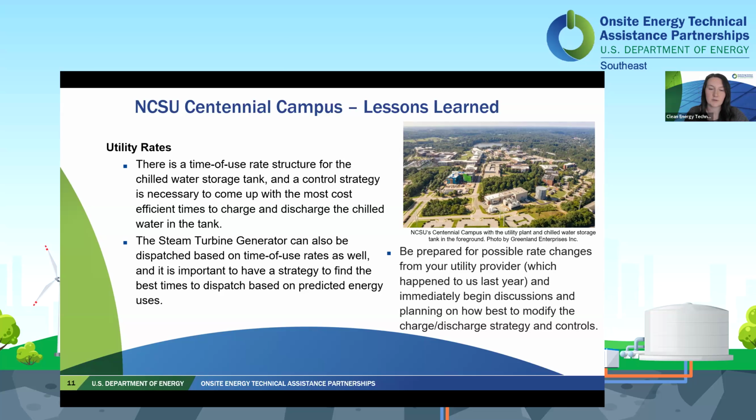Same with the steam turbine generator in the CHP system, which can also be dispatched based on those time of use rates. It's important to have a strategy to find the best times to dispatch based on predicted energy uses. And you should be prepared that those rates might change, which happened to us, and immediately begin discussions on how to plan and modify your charging and discharging strategies and controls.